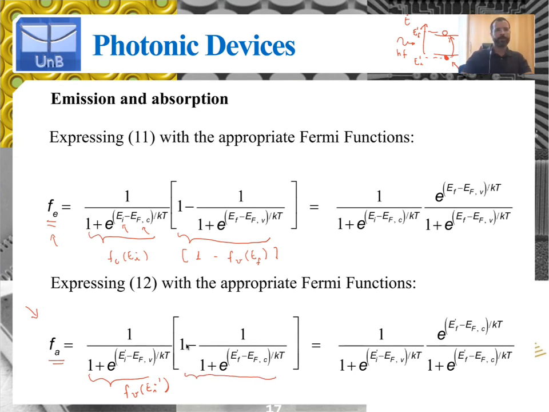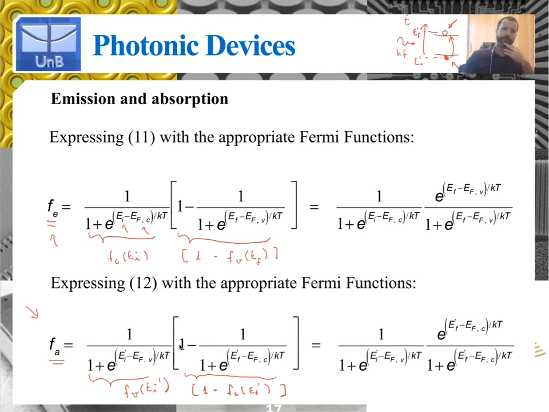So that's why it's 1 minus the Fermi function, and it is therefore 1 minus Fc in the conduction band of EF dash, associated with an empty state with this energy level EF dash in the conduction band. Okay, hopefully this is making sense.